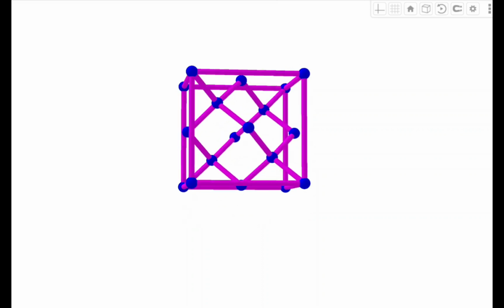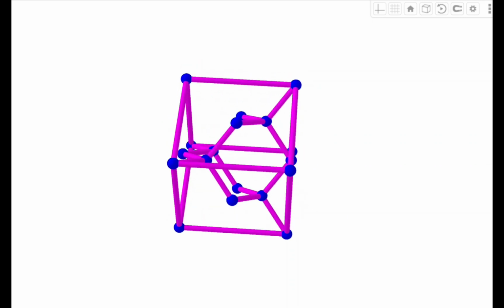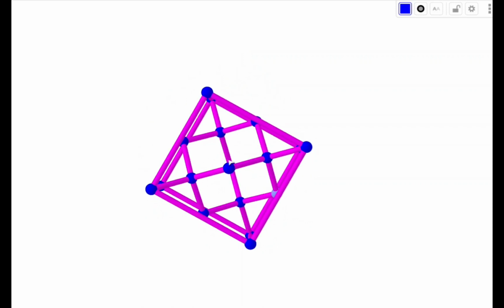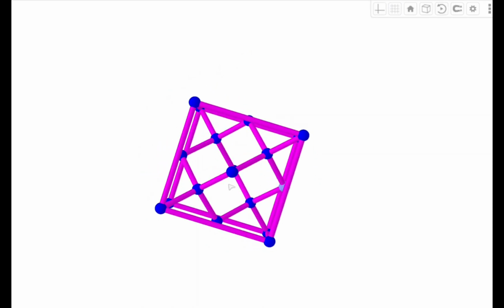Now, by looking at the structure here, we have 8 atoms on the corners, and in the middle of the face here, we have one atom. Now we have here 8 atoms in the corners, this one here in this face, and this one here located 1/4 a distance from this face.